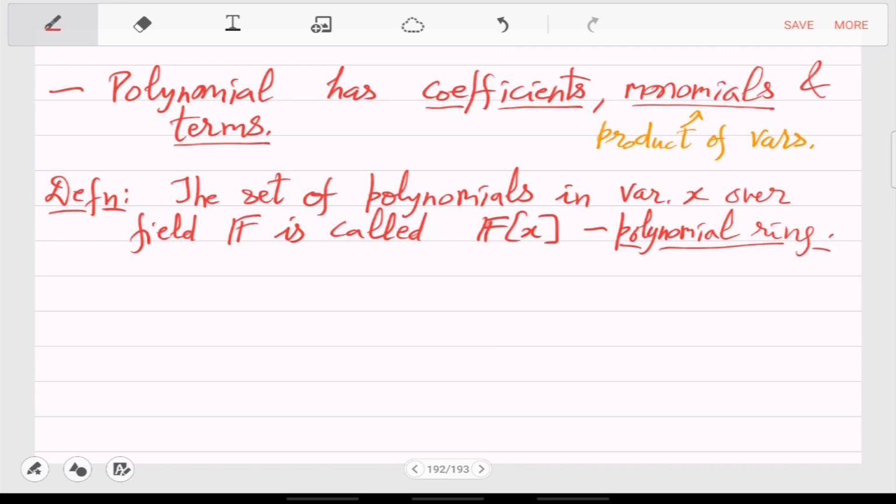The field, you can think of it as the field of rationals, or you can also simply take a ring, which is the ring of integers. Then you are looking at all the integral polynomials in one variable.